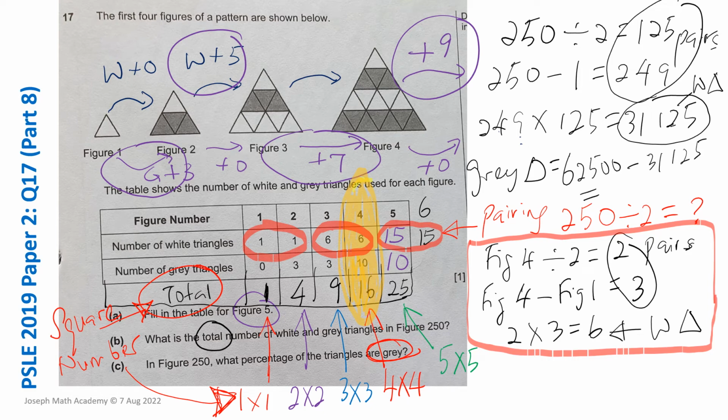We get 31,375. So the gray ones are 31,375. What's next? We have to present our answer as a percentage.